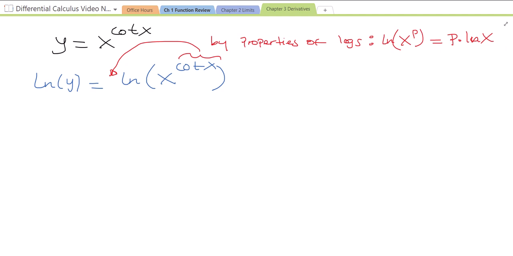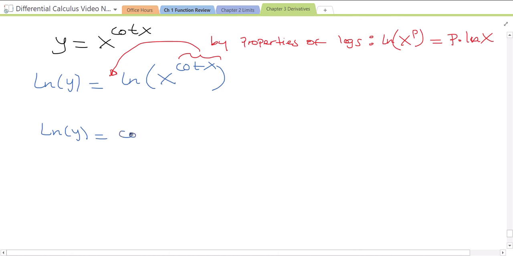And so now let's rewrite that. I'm going to have the natural log of y is equal to cotangent of x, my exponent brought to the front, times the natural log of x. And this again is just done by properties of logarithms. I have not taken a derivative, I just rewrote.